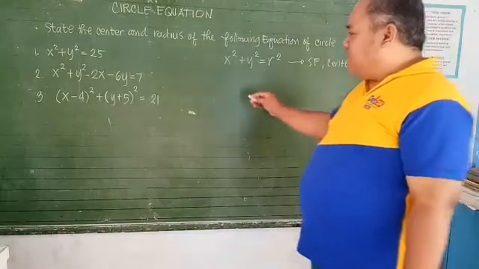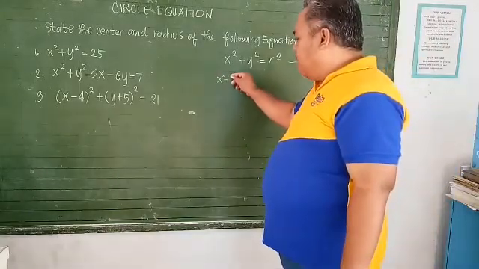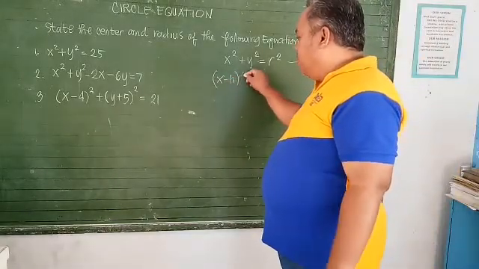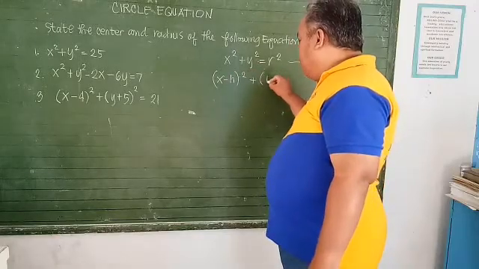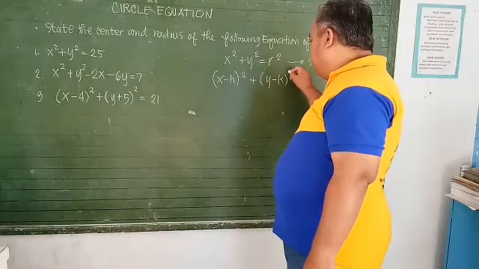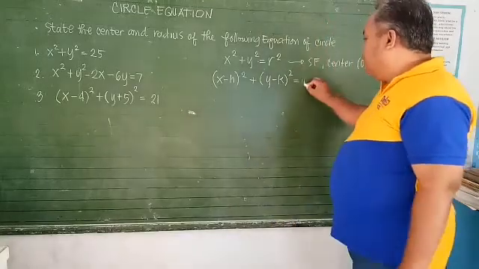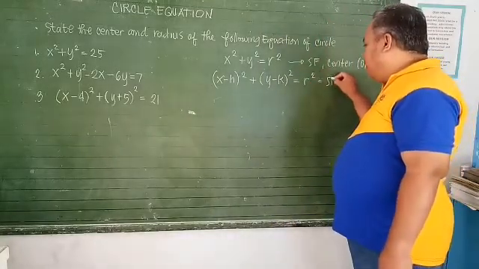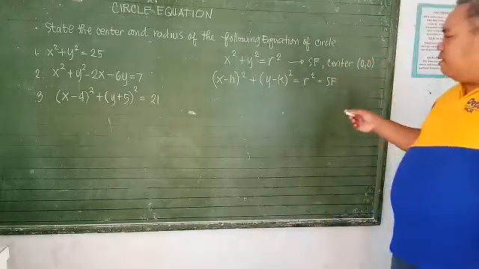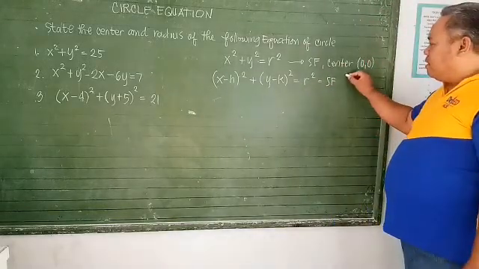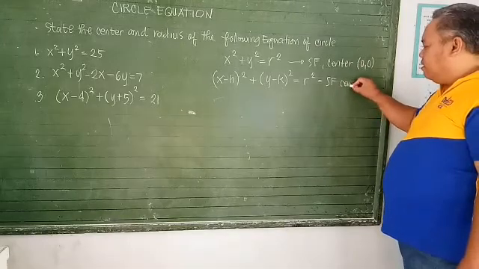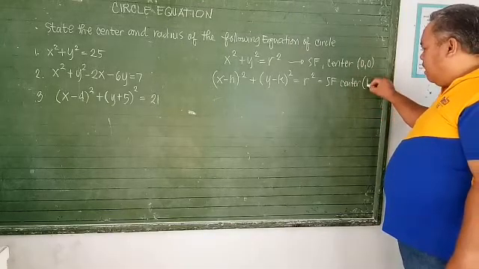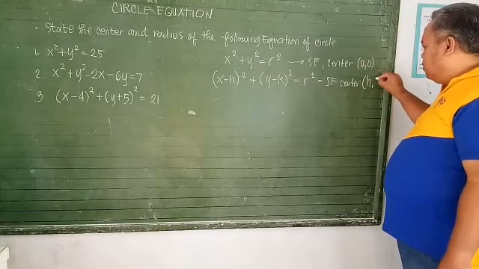Another form looks like this: (x minus h) squared plus (y minus k) squared equals r squared. This is also a standard form, but what will be the center of the circle? The center is at (h, k).